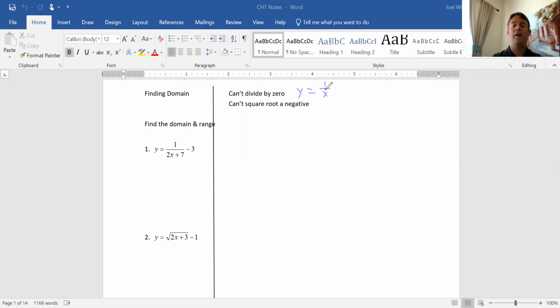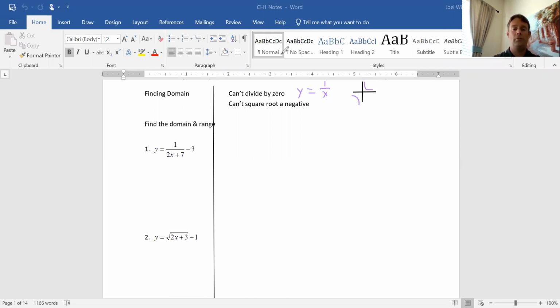You cannot divide by 0. And if you think about the general graph of what this looks like, it's just our basic hyperbola. And you can see again how there would have been actual vertical and horizontal asymptotes there. There is a vertical asymptote at 0.